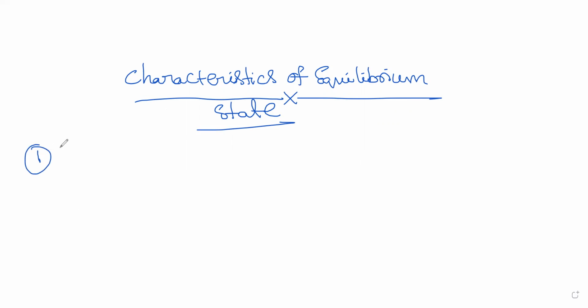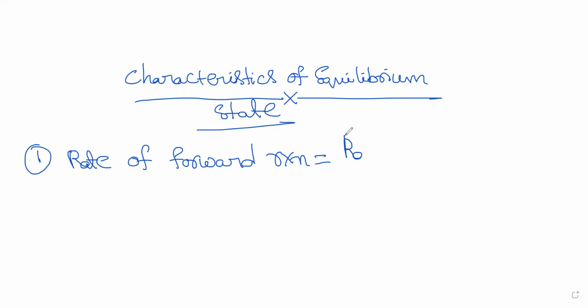The rate of forward reaction is equal to the rate of backward reaction. So this is the first and foremost thing we have to observe, whether the rate of the forward reaction is equal to the rate of backward reaction.